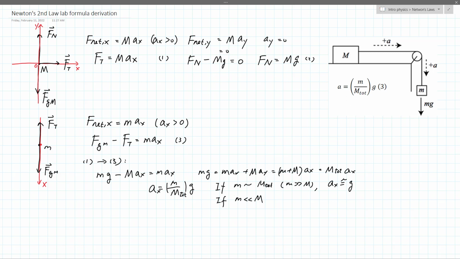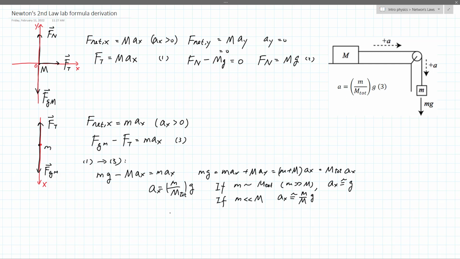Then we can say that ax is approximately equal to m over M times g, because the total mass is pretty much just the capital M, because it's much heavier than the lowercase m. So with this analytical expression, we can solve for a lot of things. We can understand the situation more than just having a specific mass m and a capital M.